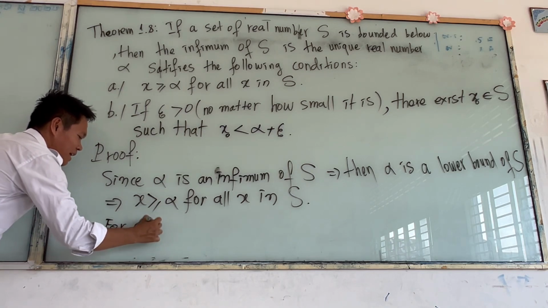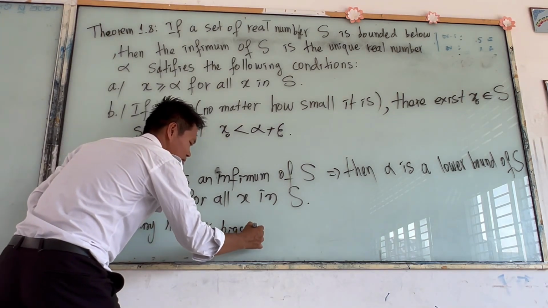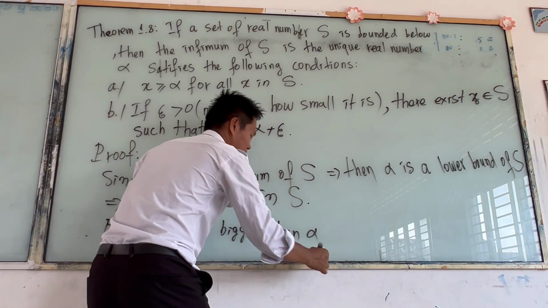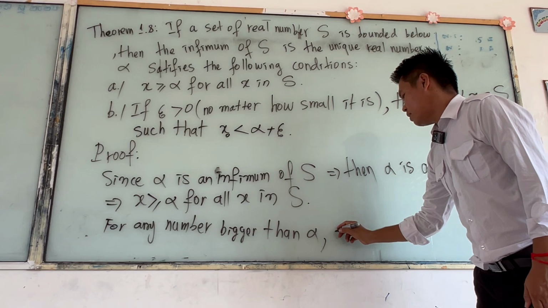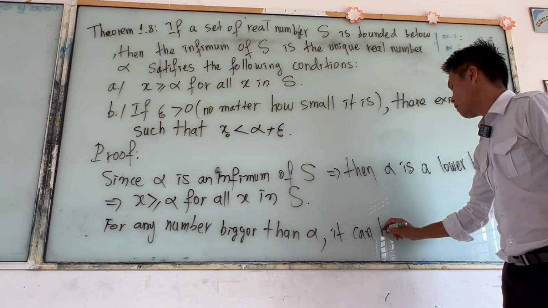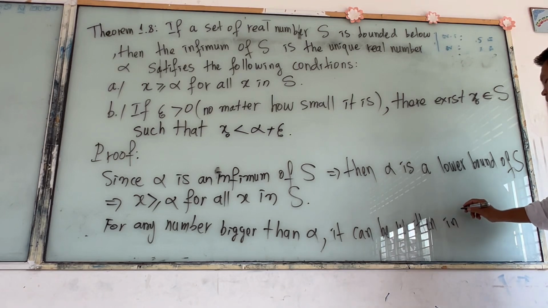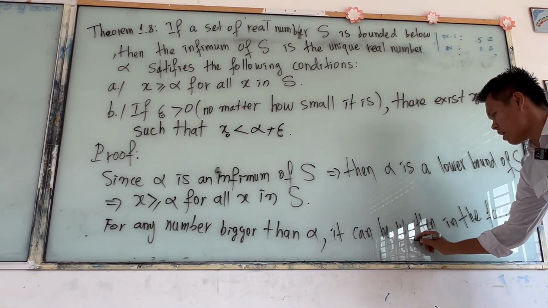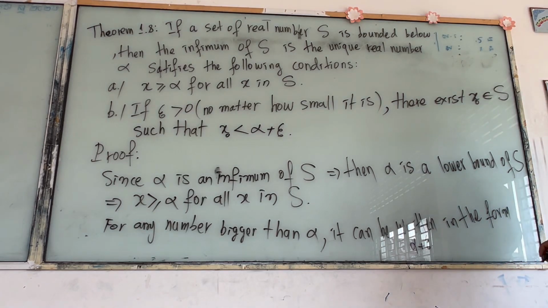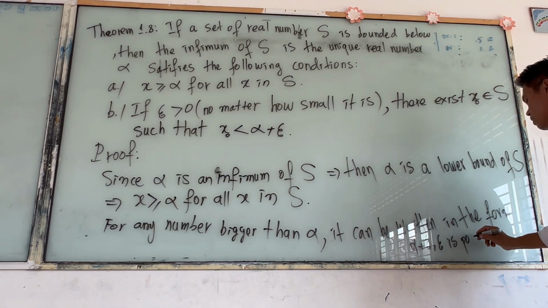For any number bigger than alpha, it can be written in the form alpha plus epsilon, where epsilon is positive, I mean epsilon is greater than 0.